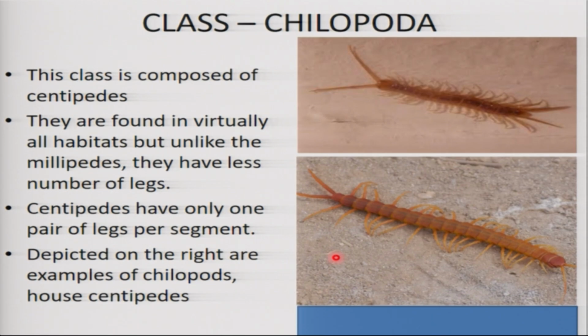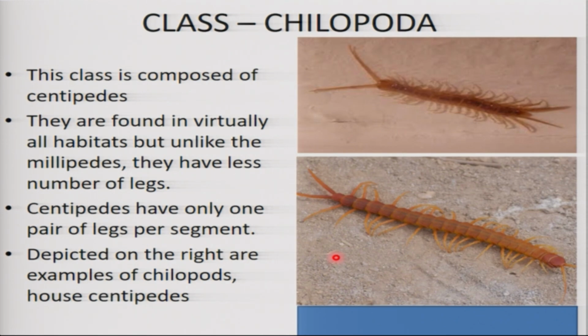That is Diplopoda. The word is saying di. Di means two. So in Diplopoda, two segments fuse together, then after fusing, they appear to have two pairs of legs on each segment. All right?